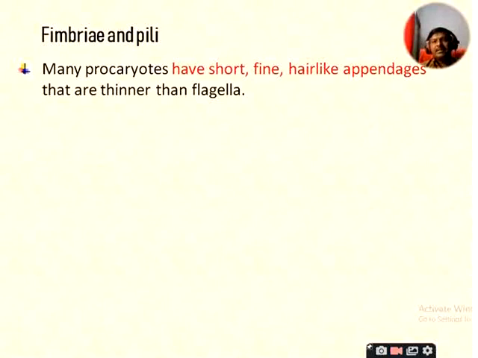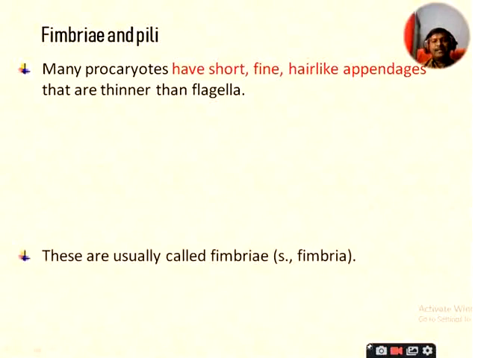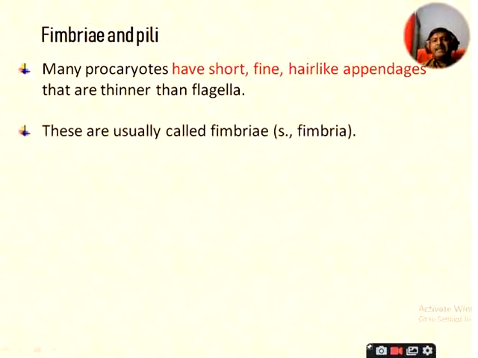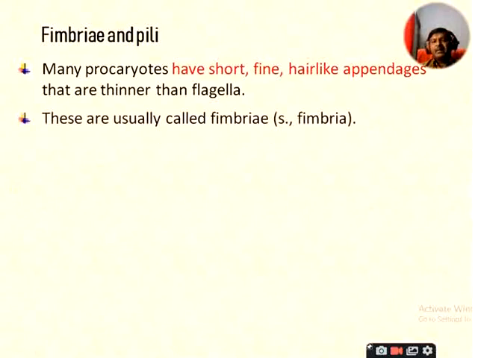When we see the width of the flagella, it is more compared to Pili, and that's why Pili are thinner than the flagella. These are usually called Fimbriae, or in the singular, a Fimbria.